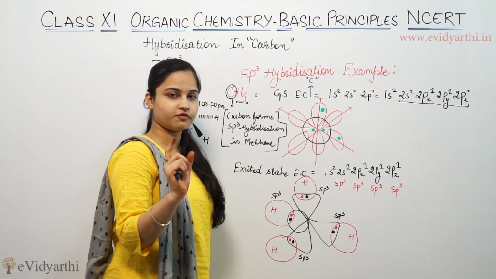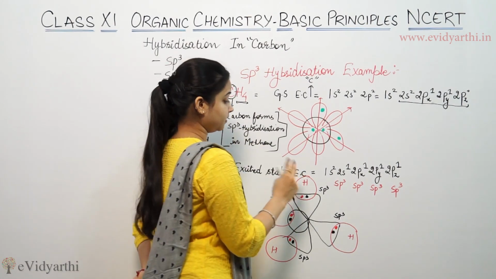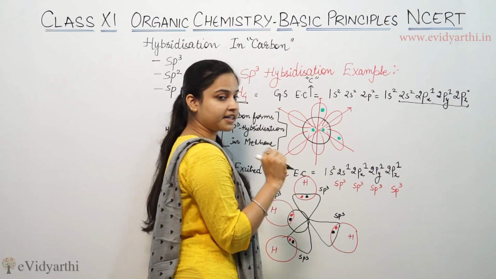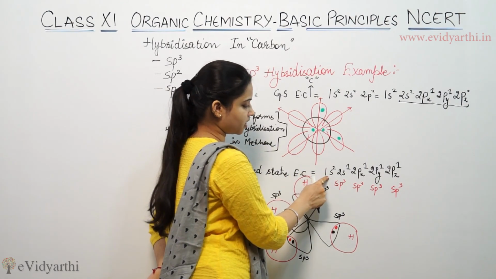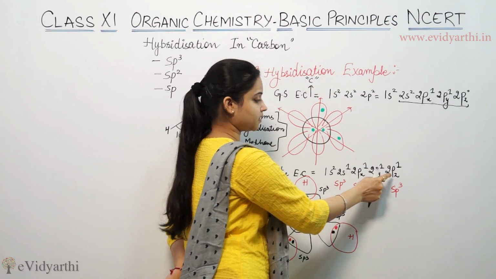Carbon in the excited state has electronic configuration 1s2, 2s1, 2px1, 2py1, 2pz1.